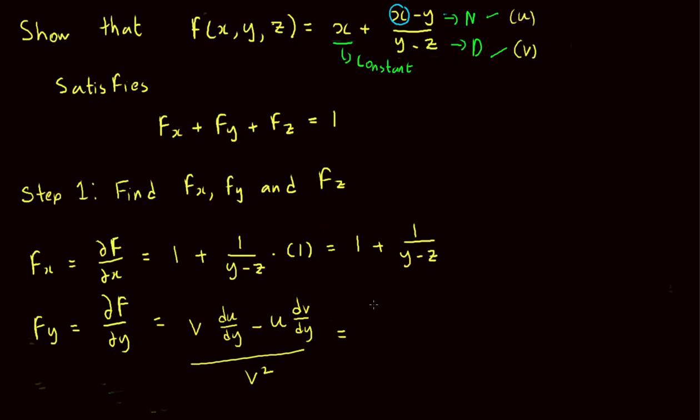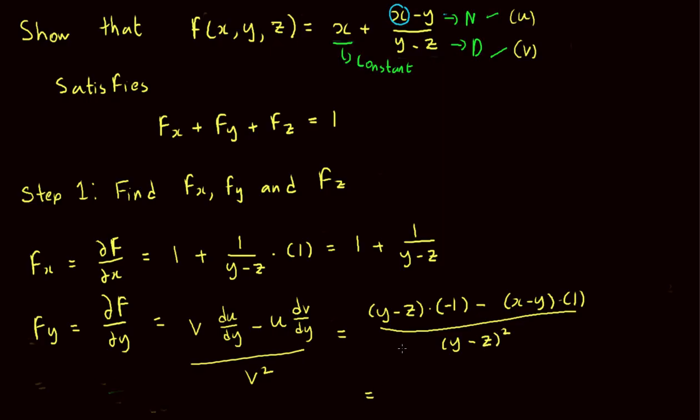So it is simply y minus z times du dy, which is -1, minus u, the numerator part, x minus y, times dv dy, which is simply 1, over v squared, which is y minus z squared.